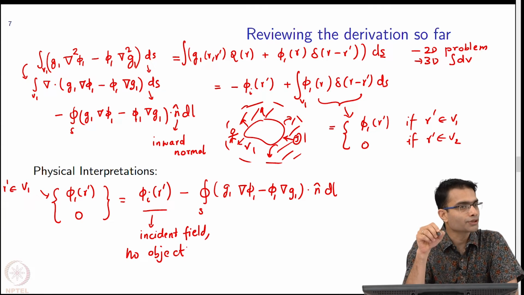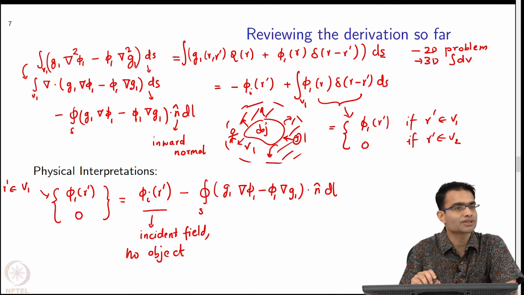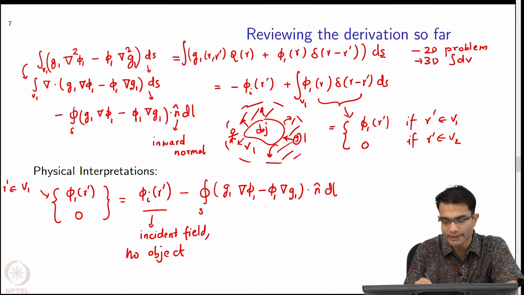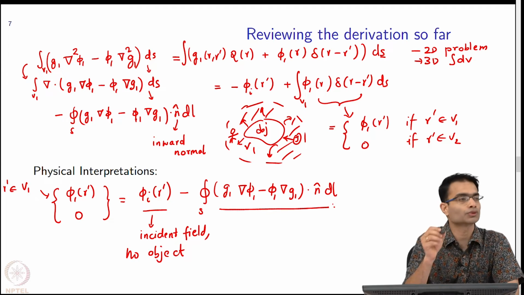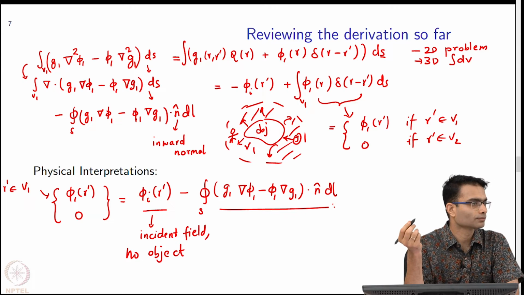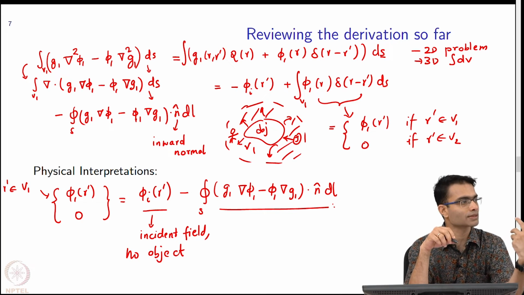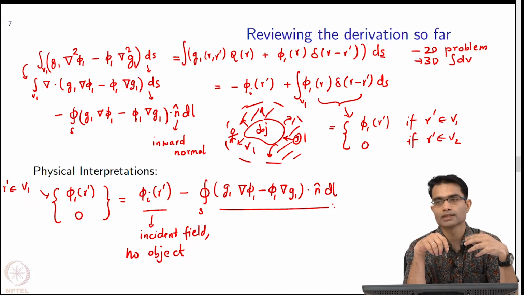Now we introduce this object over here. What should the interpretation be of the second term? Scattered field. We had defined this quantity earlier: the difference between the fields in the presence and absence of an object is called the scattered field.